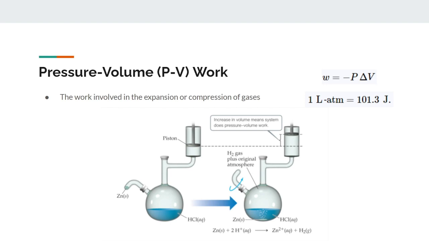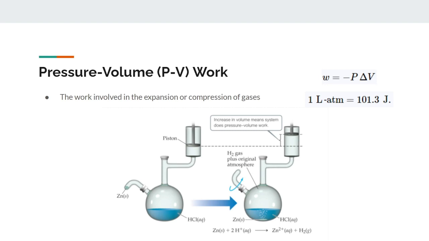So the zinc solid is reacting with the aqueous hydrogen ions to form aqueous zinc ions and hydrogen gas. So assuming that within this vessel it's constant pressure, as the reaction comes to completion and forms more hydrogen gas, the piston in the top of the vessel begins to move up, which means that the system is doing pressure volume work.